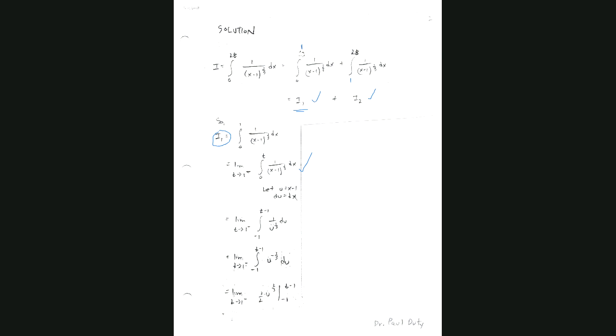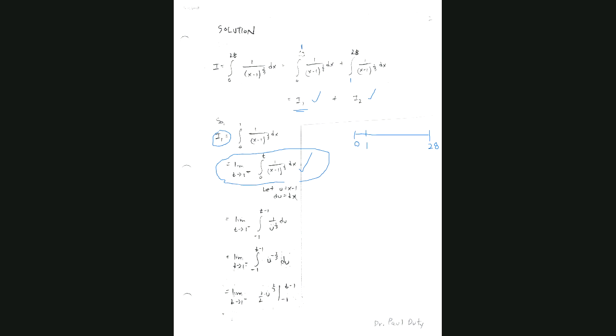Of course, we write the improper integral as the limit as t approaches 1 from the left. Now, why is that? Well, remember, we're going from 0 to 28. The integral goes from 0 to 28, but we're breaking up the integral at x equals 1.